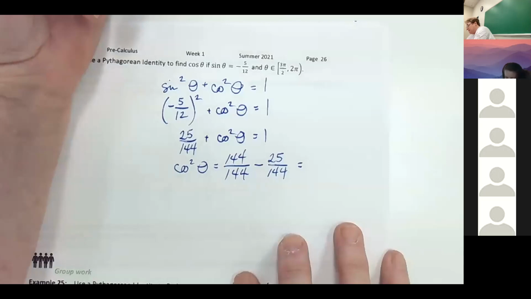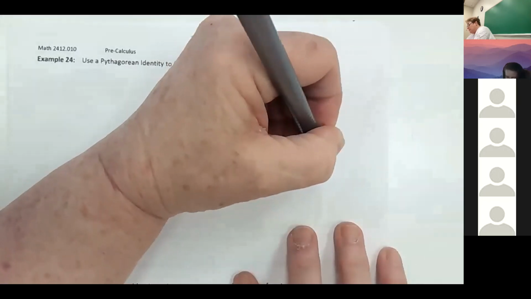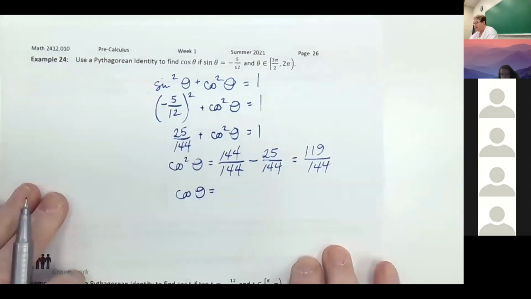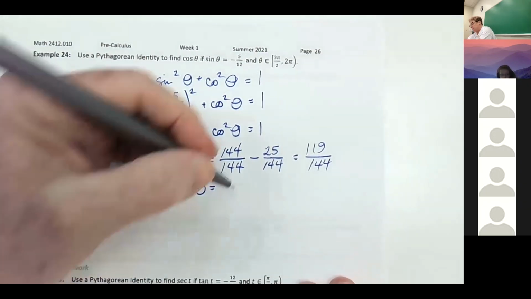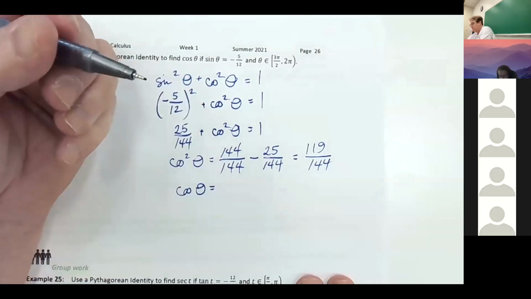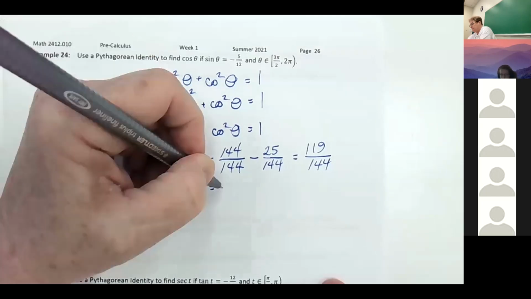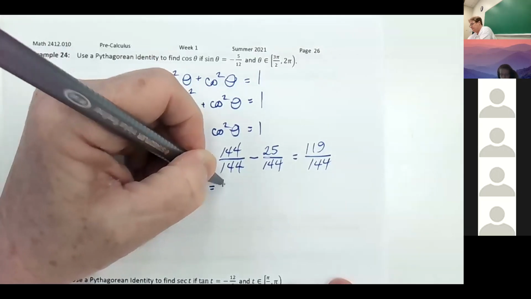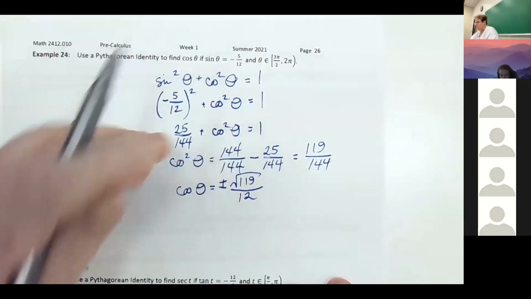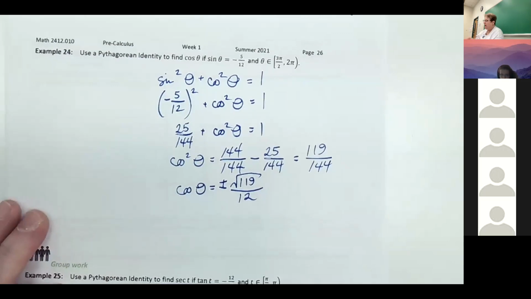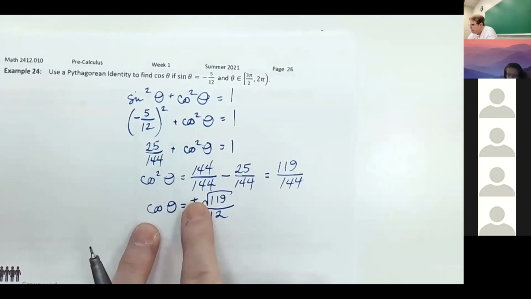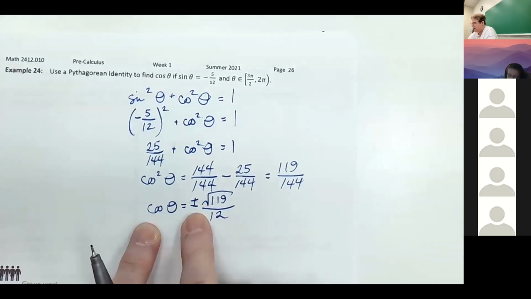And so the cosine of theta is going to be the plus or minus square root of that. And now finally, we can see whether we're going to use a positive or negative of the plus or minus sign.